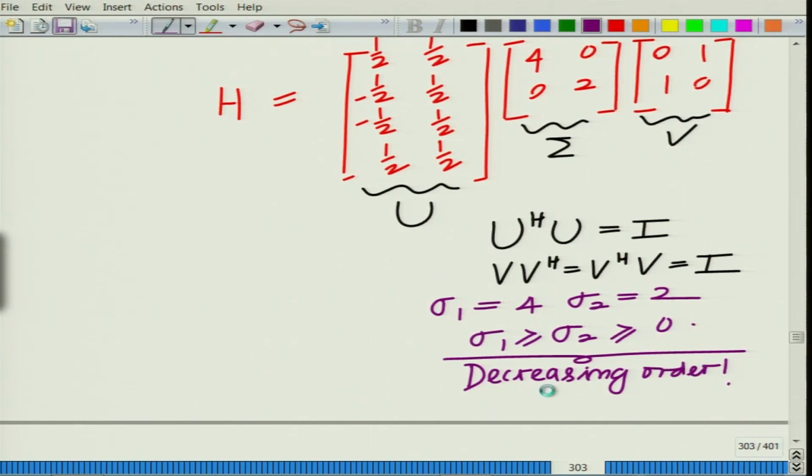So, that is a simple example. As I already told you, in general it is not easy to evaluate the singular value decomposition by hand, but in this case, because H has an interesting structure, we have exploited that to rather easily come up with the singular value decomposition.